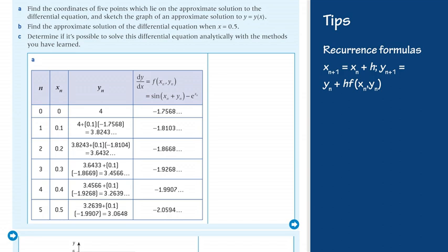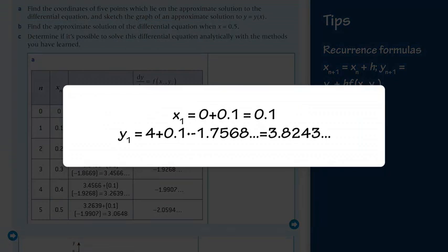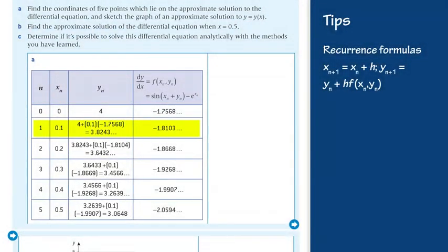Using x0 equals 0 and y0 equals 4, substitute these into the recurrence formulas to find x1 and y1. x1 equals 0 plus 0.1 equals 0.1, and y1 equals 4 plus 0.1 multiplied by negative 1.7568... equals 3.8243... You see this result in the second line of the table.